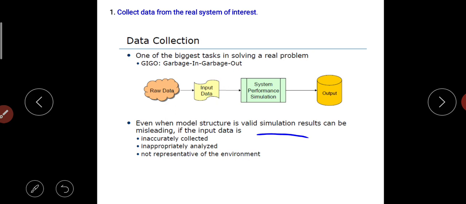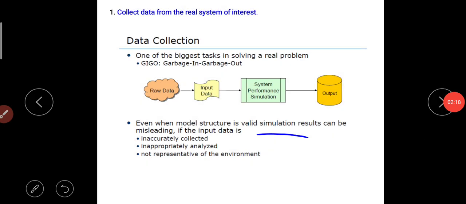If the data is collected inaccurately, inappropriately analyzed, and not representative of the environment, it is going to produce misleading information.